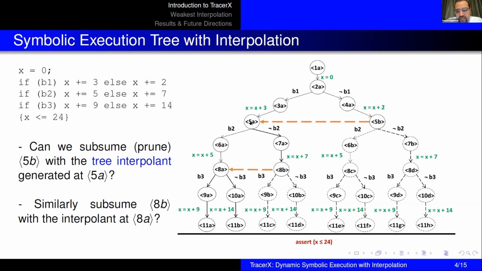Later on, when the traversal reaches 8B, we check if the context at 8B implies the interpolant generated at 8A. If that holds, then we prune the subtree below 8B. Similarly, we can do the same thing for 5B with 5A. This way we are able to prune a large portion of the symbolic execution tree.